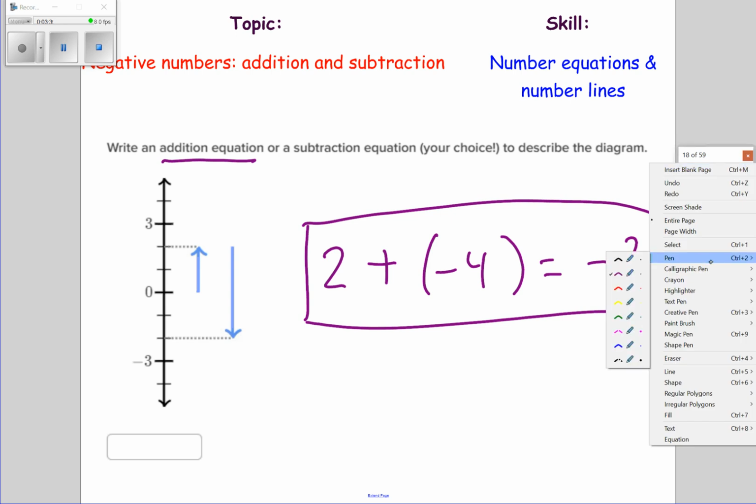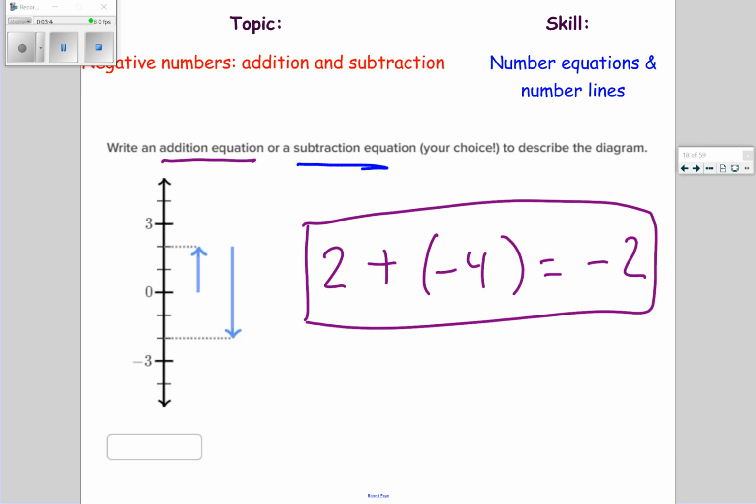Okay, now that you've tried it out, let's do this in blue. A subtraction equation. Once again, we start with positive 2, and we need to subtract. We're going down 1, 2, 3, 4, so minus 4. So 2 minus 4 equals negative 2.